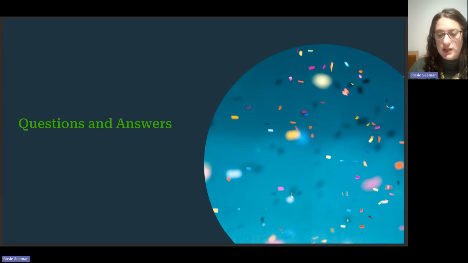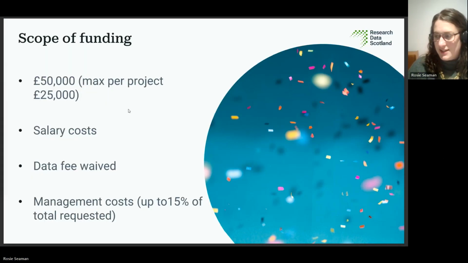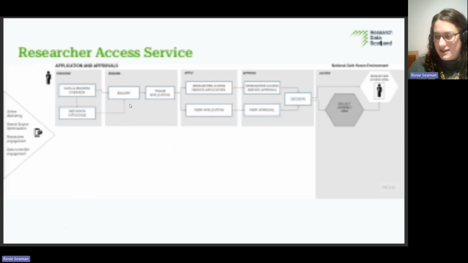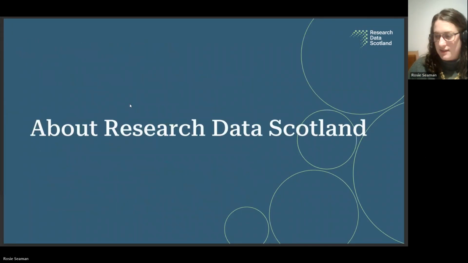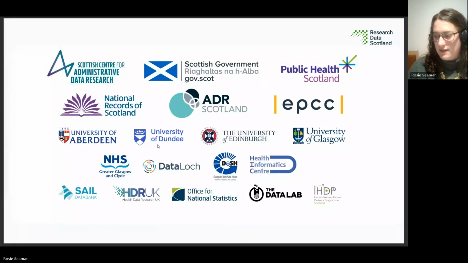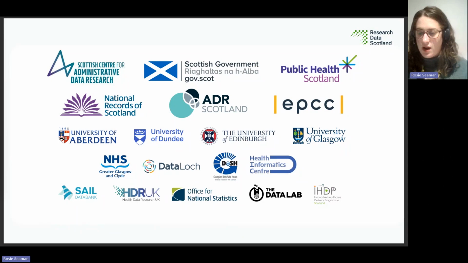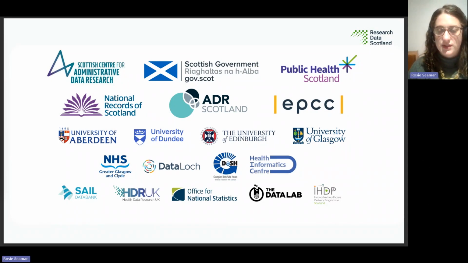So all of our partner organisations are definitely approved, which is University of Glasgow, University of Edinburgh, University of Dundee, and University of Aberdeen. But there are more organisations than this that are approved. So we'll definitely flag that.